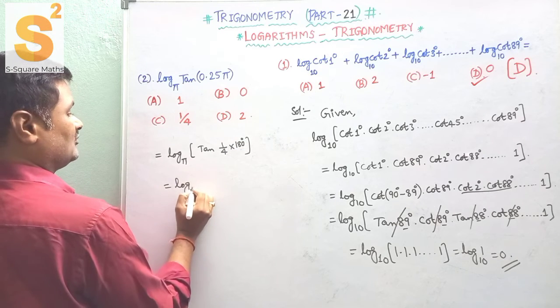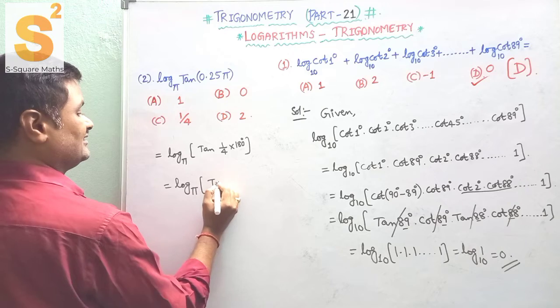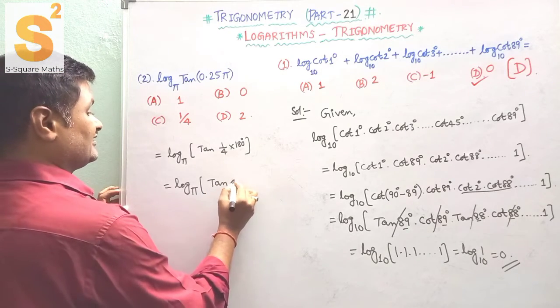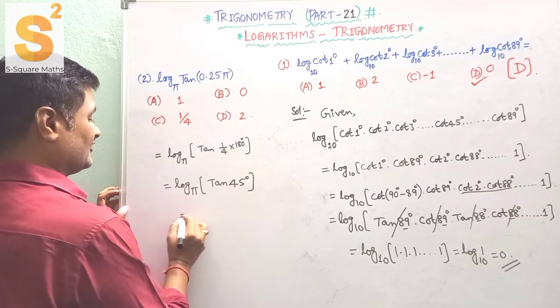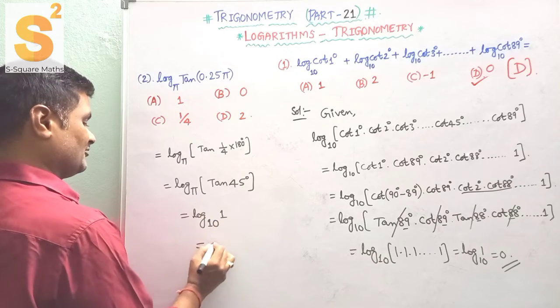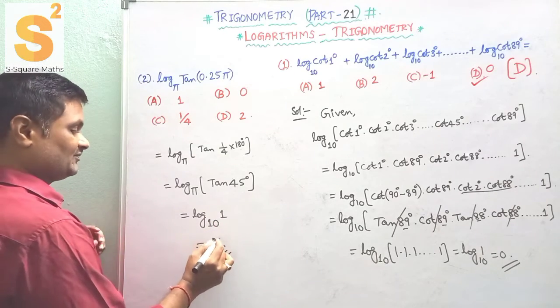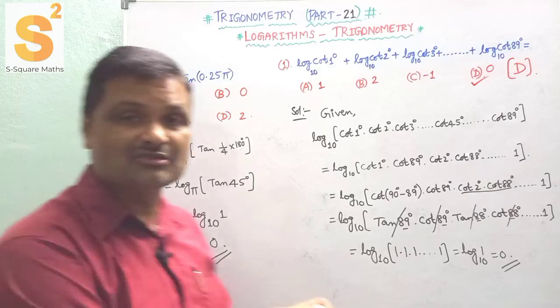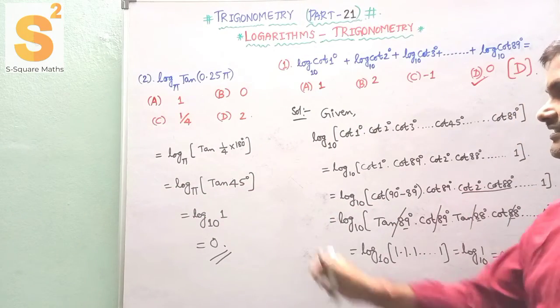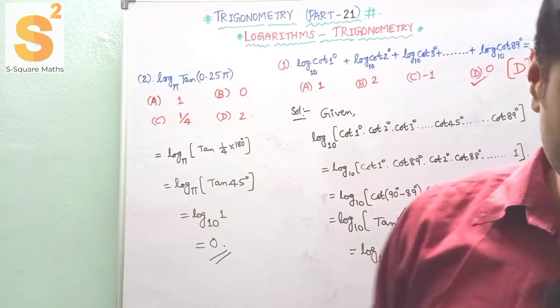So log to the base pi, I can write here 10, nothing but 45 degrees. We know that tan 45 is 1, log 1 base 10 is 0 again, logarithm of 1 with respect to non-zero base is 0. So finally here it is 0 and here it is 0.